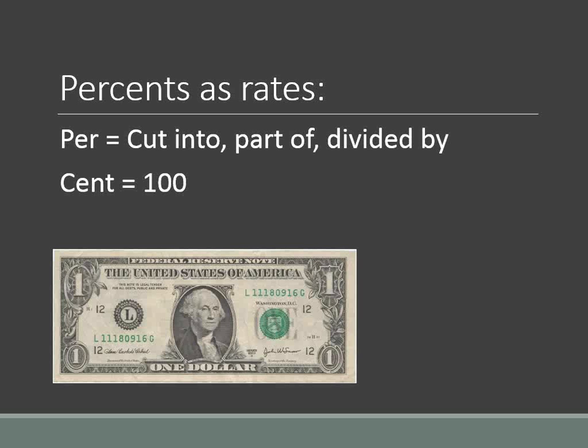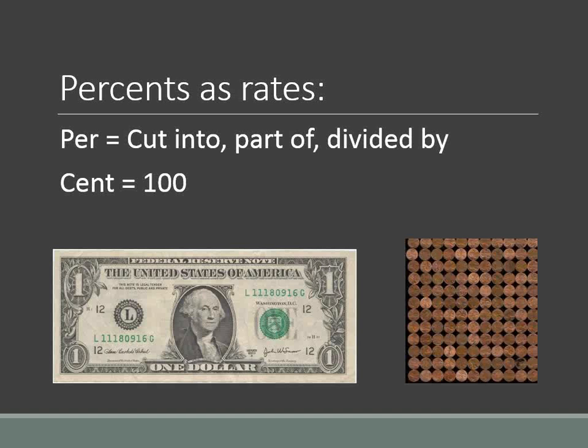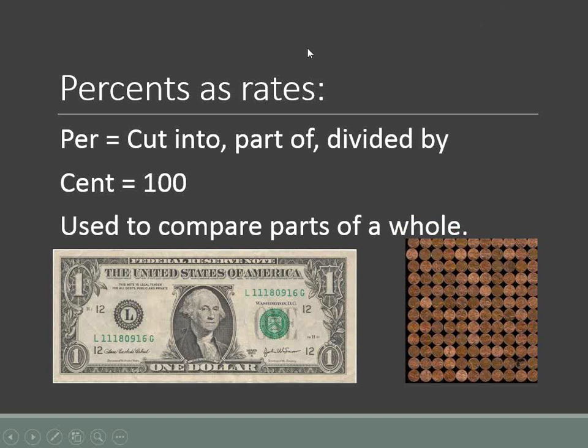Percent is a composition word of 2 parts, the per being cut into or part of, and the cent being 100, the same way that a dollar can be cut into 100 pennies, so 100 cents. And we do this because if we use that 100, it's easier to get a value where we can compare values to each other rather than trying to go all the way down to 1.